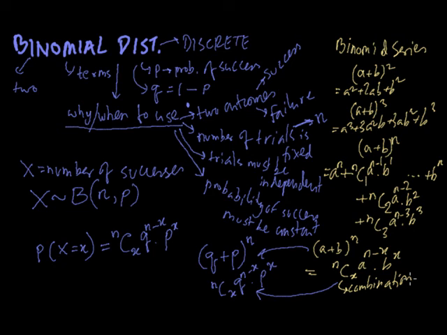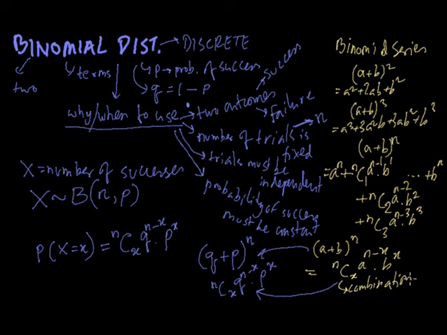The random variable is the number of successes. So if in a sum they say the probability of something is this, the number of successes is going to be the random variable, and the parameters needed are the number of trials and the probability of success.